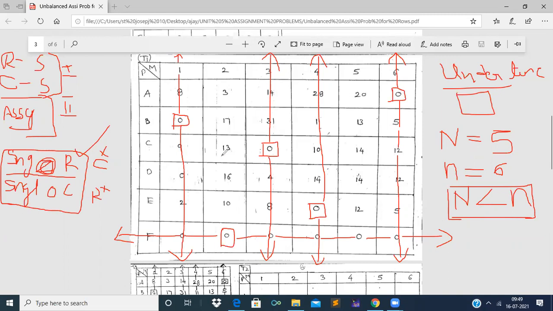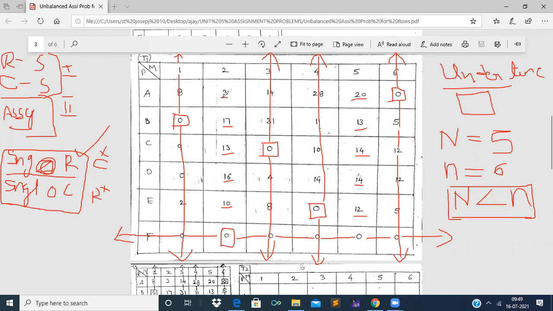By Hungarian method, we have to search for the minimum element from all the uncovered elements, right? The uncovered elements are 3, 20, next 17, 13, 13, 14, 16, 14, 10 and 12. These are all uncovered elements.